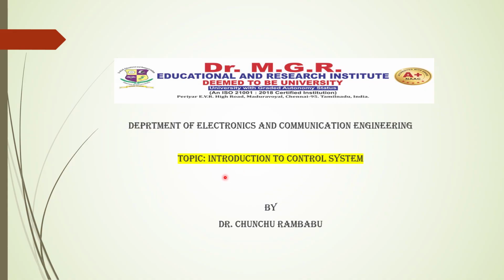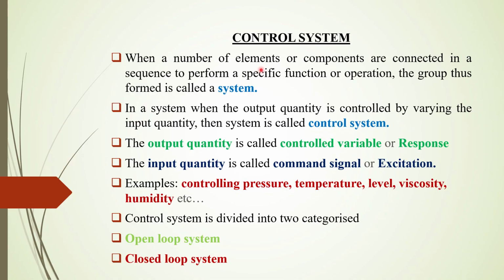Today I am going to present the topic Introduction to Control System. What is a system? When a number of elements or components are connected in a sequence to perform a specific function or operation, it is called a system. In a system, when the output quantity is controlled by varying the input quantity, then the system is called a control system.